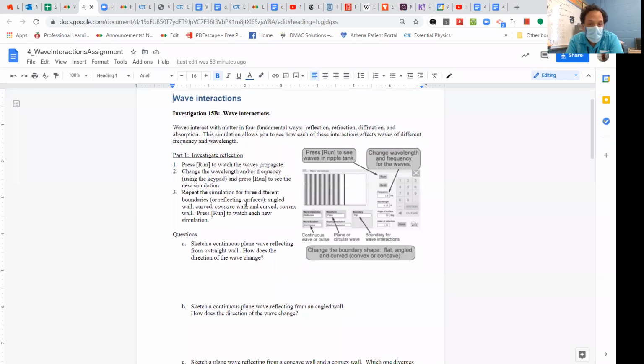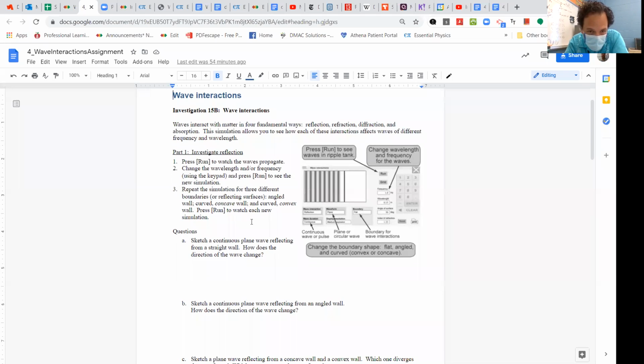So it says part 1, investigate reflection. I'll do part 1 with you. Press run to watch the waves propagate. Change the wavelength and frequency and press run to see the new simulation. Repeat the simulation for 3 different boundaries or reflecting surfaces. Okay, so you're supposed to do an angled wall, a concave wall, and a convex wall.